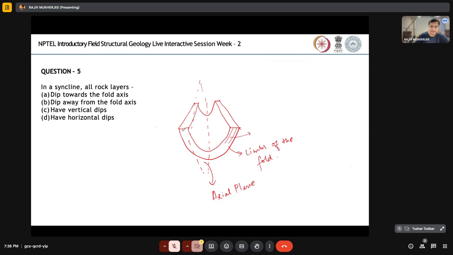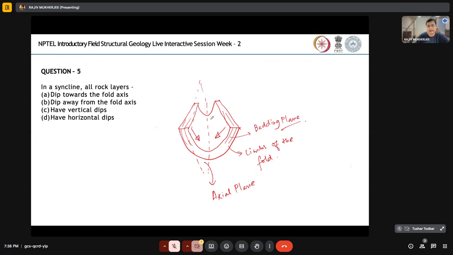There are layers here. Okay, so the fact is that they all have to dip opposite to each other, but in a fashion that they always dip towards the fold axis.